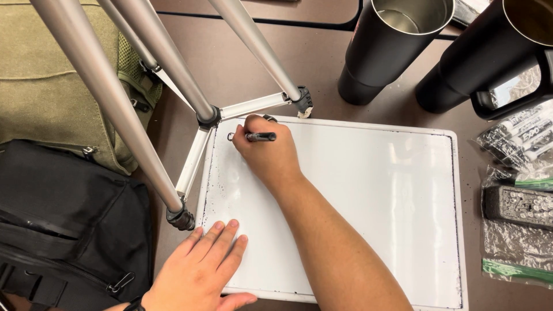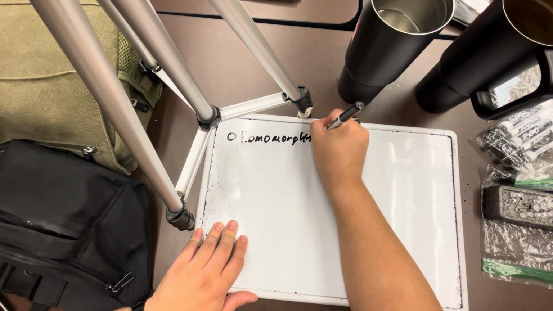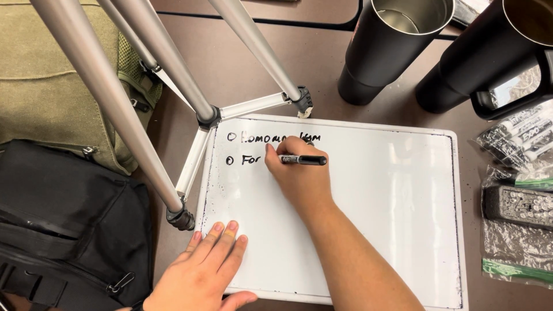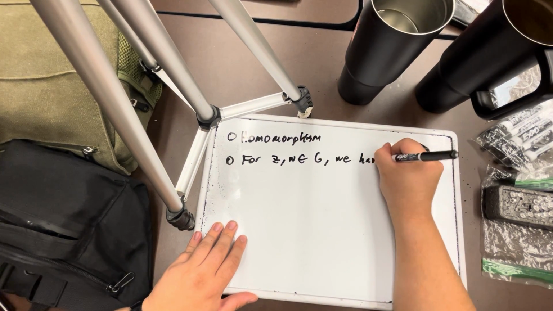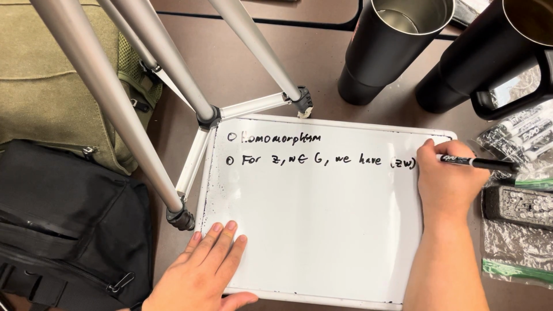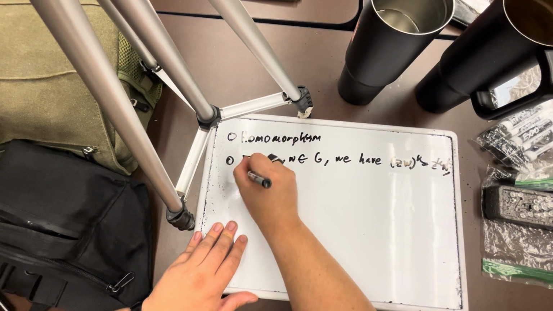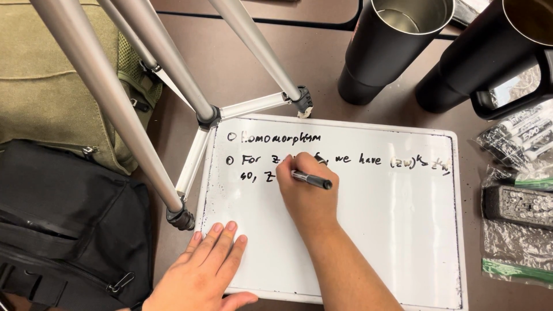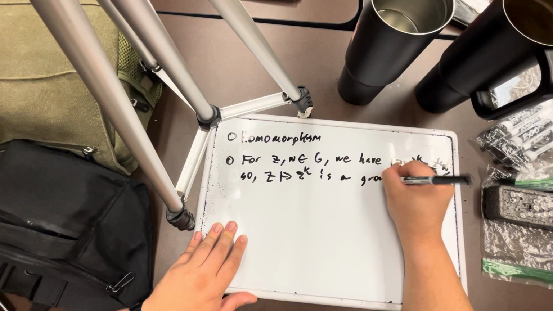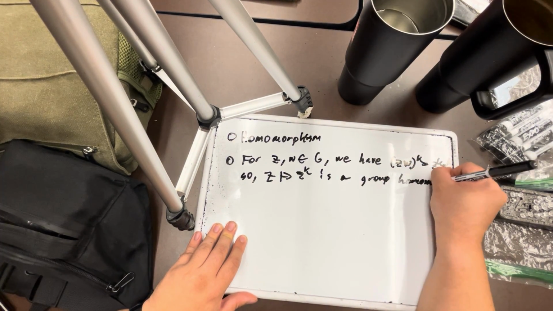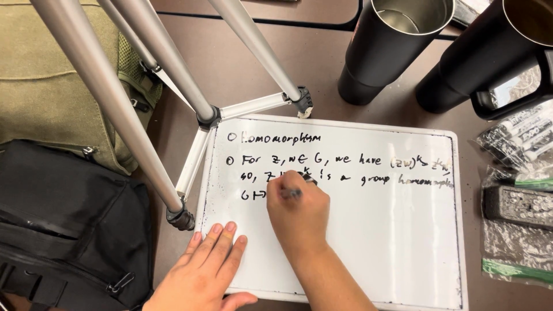First part, homomorphism. For Z, W within G, we have (ZW) to the K, which is equal to Z to the K times W to the K. So Z to Z to the K is a group homomorphism from G to G, right?